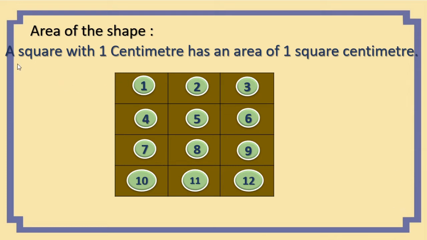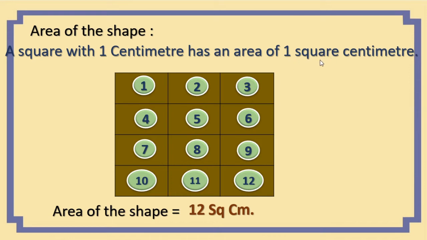And here it is written a square with 1 centimeter has an area of 1 square centimeter. So here we can see 12 squares. Then it is equal to, yes dear children, 12 square centimeters. Remember, because 1 square with 1 centimeter has an area of 1 square centimeter.